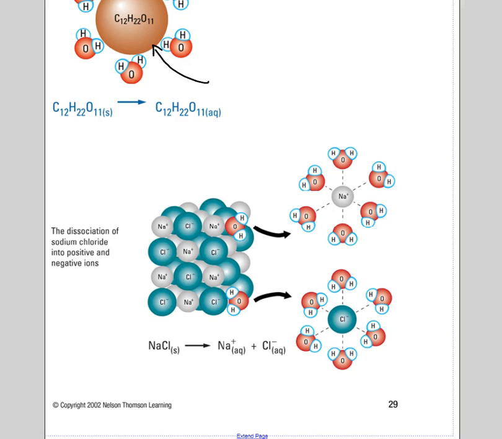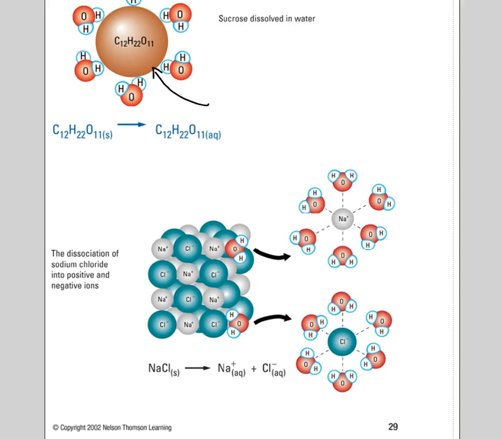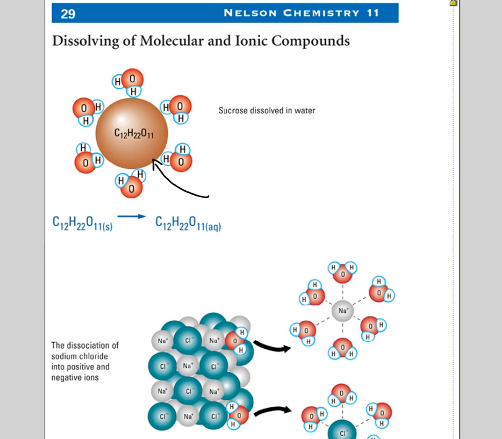Depending on the charge of the ion, the water molecule will orient itself differently, but it'll still be able to attract it. So in the case of the sugar dissolving, of course, we don't get ions in solution, so it's a non-electrolyte. Sodium chloride clearly is an electrolyte when it's dissolved. And the type of particle in solution will differ. So we can use conductivity as a way of determining whether the solute was molecular or ionic.